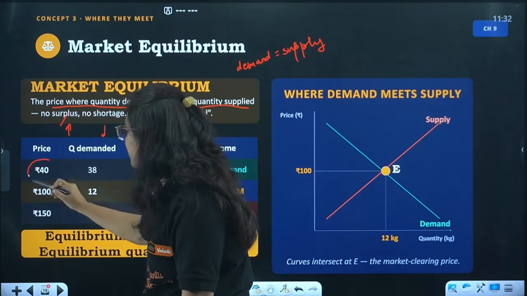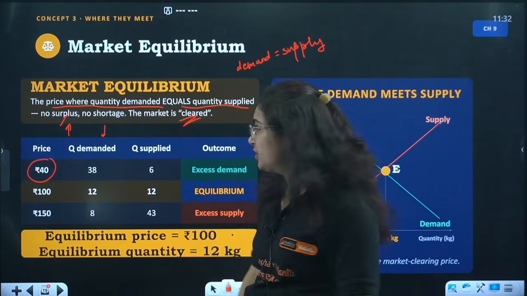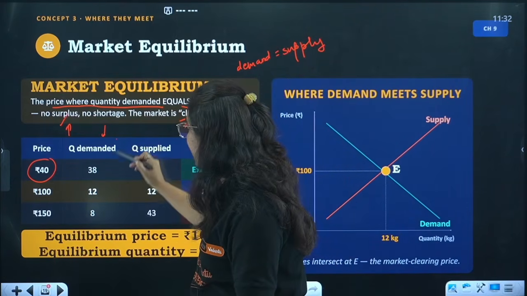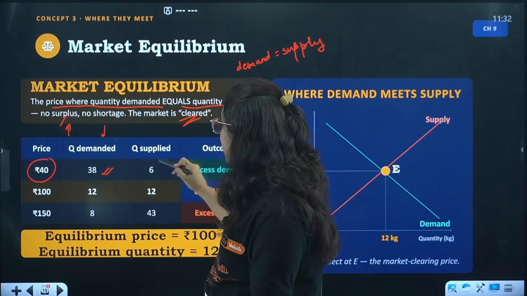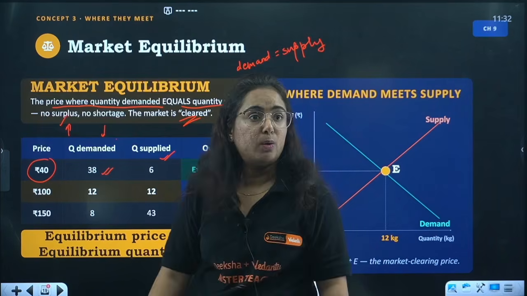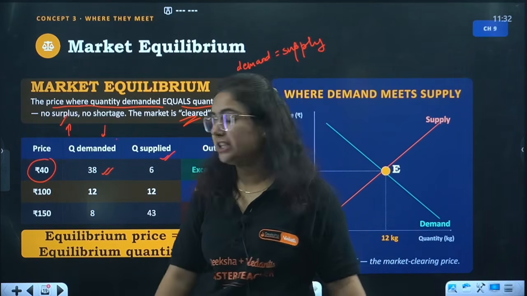When mangoes are being sold at 40 rupees each kg, the quantity demanded is 38 and the quantity supplied is 6. Why? Pay attention to that.